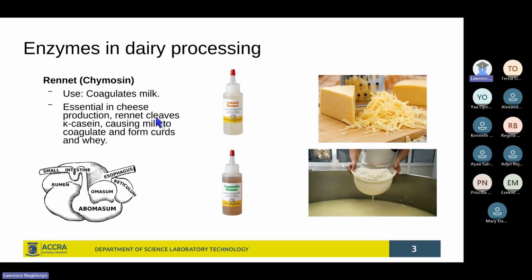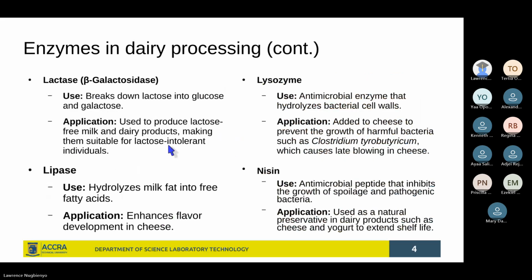And so it's the breakdown of those milk proteins, casein, which results in the formation of the thick curds, the coagulation of the milk, which can then be used to prepare this product, cheese. So that's one example of the use of an enzyme in the dairy industry.